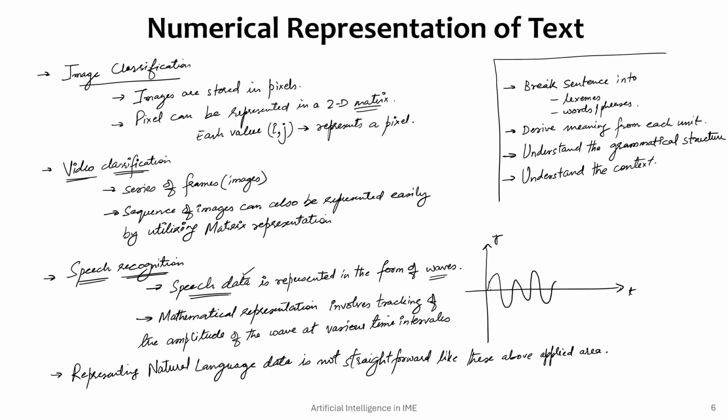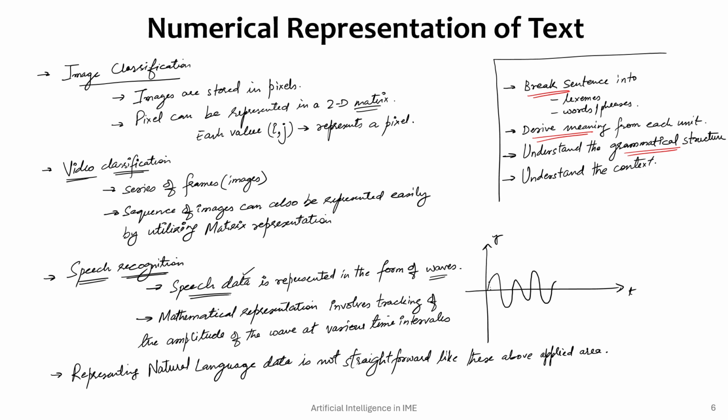So, the first step is to break the sentence, right? After that, derive the meaning from each unit in which you have broken the sentence. Then the other thing is grammatical structure. So, here is where the multilingual complexity comes in, right? So, if you have a different language and you have already created a model for a different language, then this grammatical structure will change for a completely new language for the same text, right?